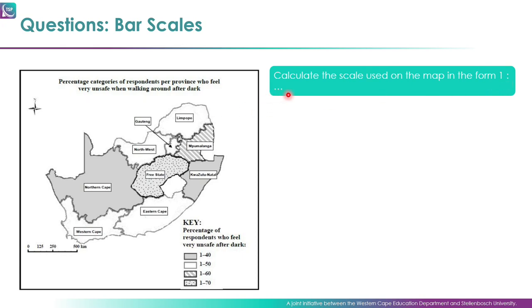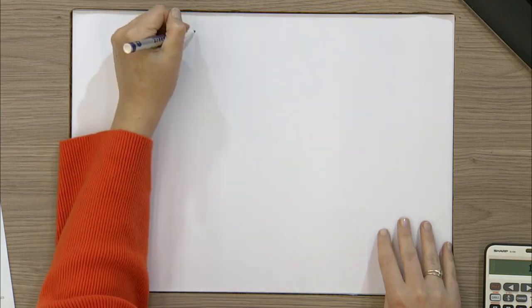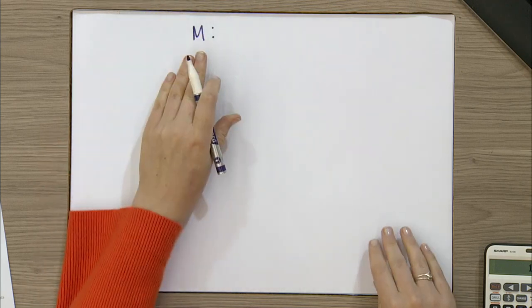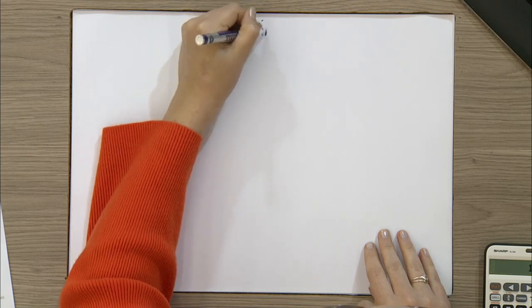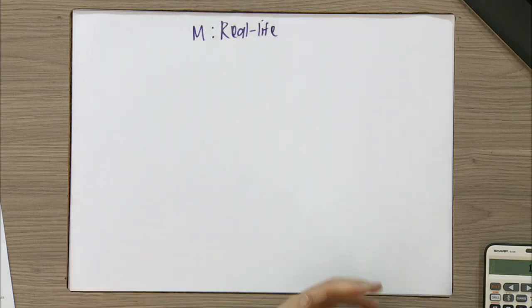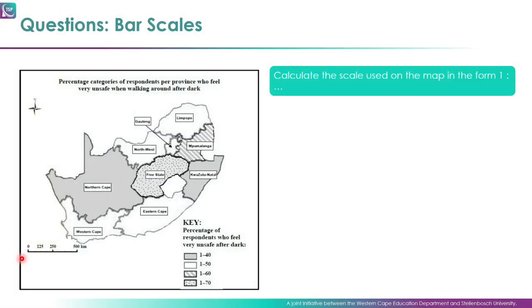So now we need to do one last calculation in context to make sure we feel comfortable. So let's remember, if they want it to be in the form 1:2, it means whatever we measure on the map needs to be to real life. Now, let's see. What I see here is a bar scale, and it goes from 0 to 500 kilometers.